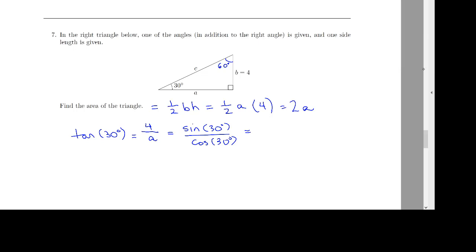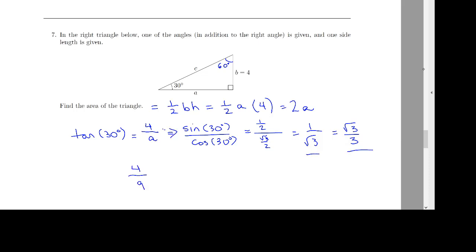I know the sine of 30 degrees is 1/2, and the cosine is the square root of 3 over 2. If I multiply this by 2/2, I get 1 over the square root of 3. If you want, you can rationalize this to the square root of 3 over 3. However you want, all these answers are correct.